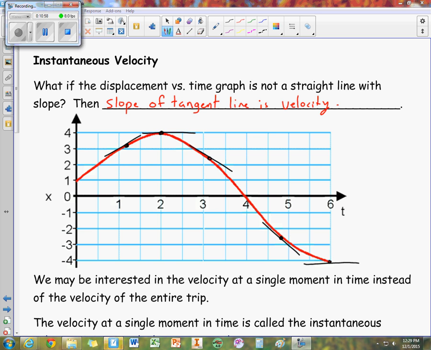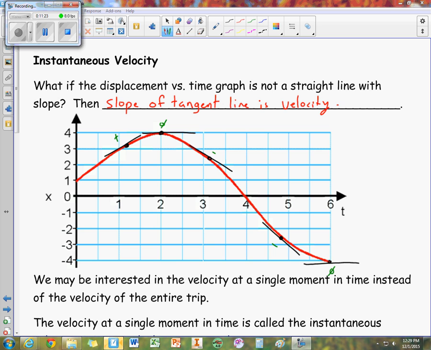And notice that what we have here is an object that has positive velocity to 0 velocity to negative velocity back to 0 velocity. So the velocity is changing here. So obviously, whatever the object did to make this graph, it is accelerating.